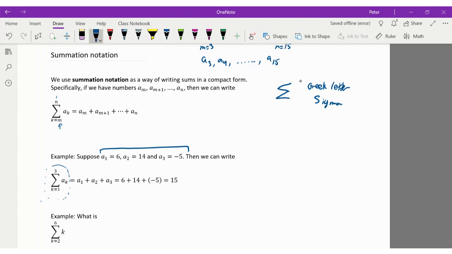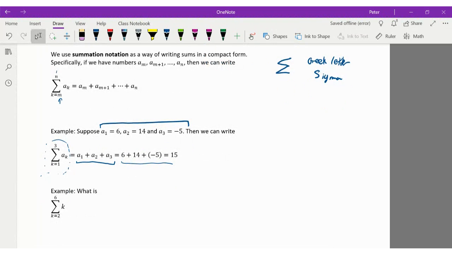That is equal to a1 plus a2 plus a3. Since I know what those values are, I would just be adding them up, and I get 15. It's important to recognize that once you know what the numbers are, the sum itself comes out to a number. We'll get to a situation later where it has a variable in it, but usually you're not going to see a variable in the final answer.